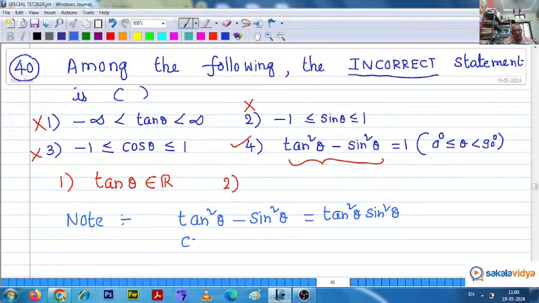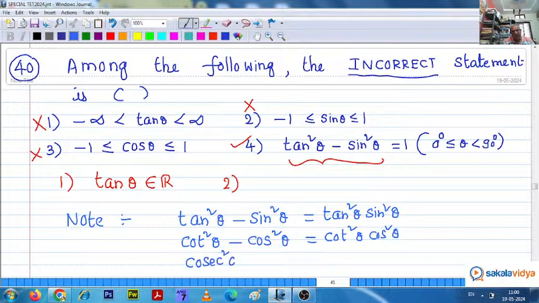And one more we have, cot square theta minus cos square theta is equal to cot square theta into cos square theta. One more beautiful identity, cosecant square theta plus secant square theta equals cosecant square theta into secant square theta. So remember.